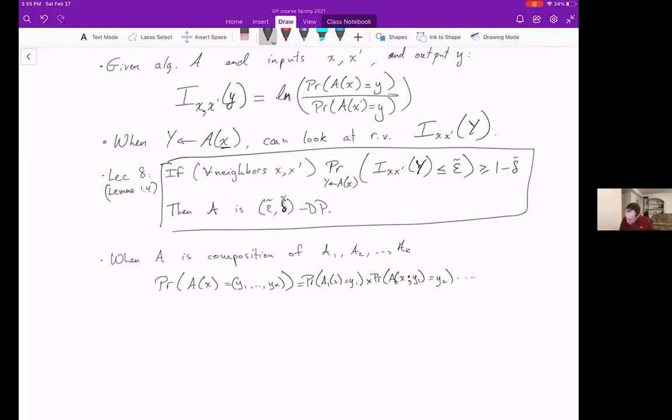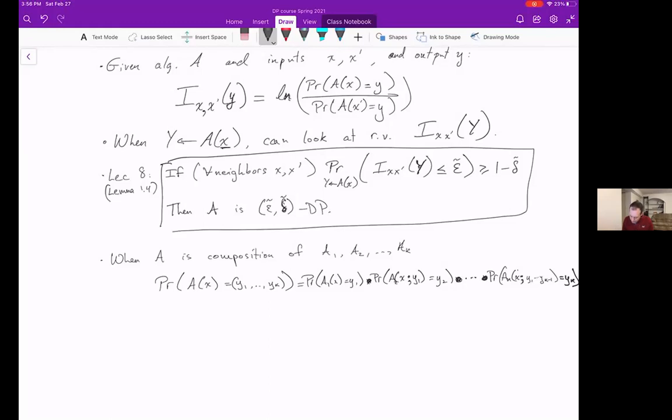And then we can keep on doing that decomposition all the way down to AK of X, where AK of X is chosen based on Y1 to YK minus 1. So the probability we're interested in understanding is a product of probabilities.